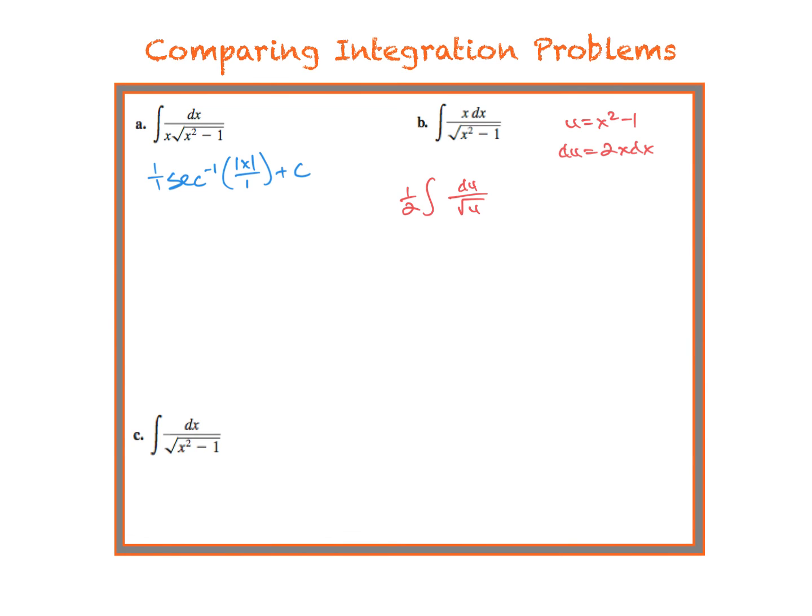Negative 1/2. So what we want to do to that thing? Add 1. So now we have u to the 1/2. So now I have square root u. And then we multiply by what? 2. So what does that 2 do with the 1/2? They cancel. So I have square root u plus c. But what is u? Square root of x squared minus 1 plus c.